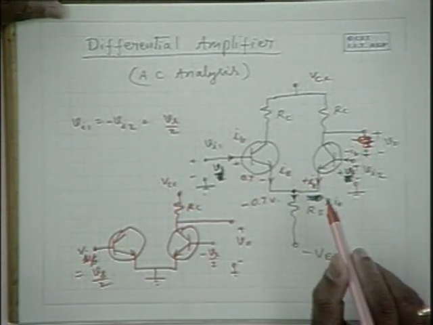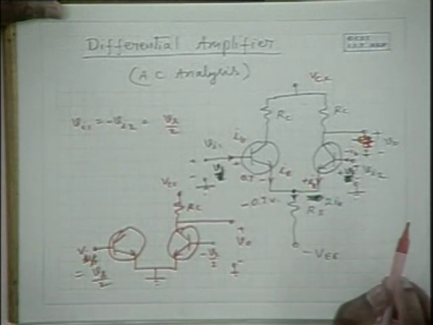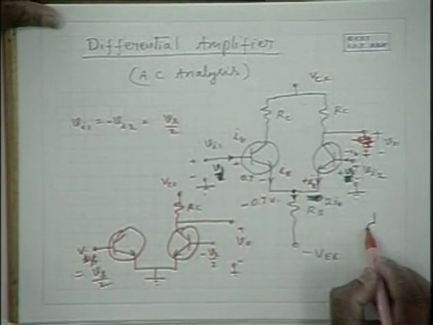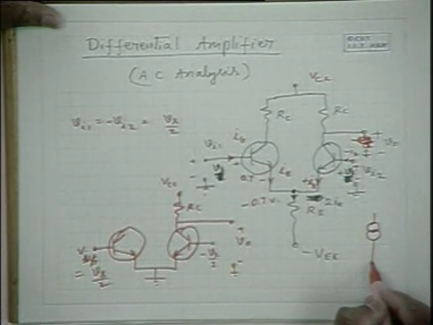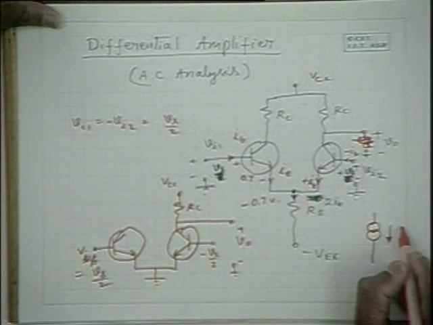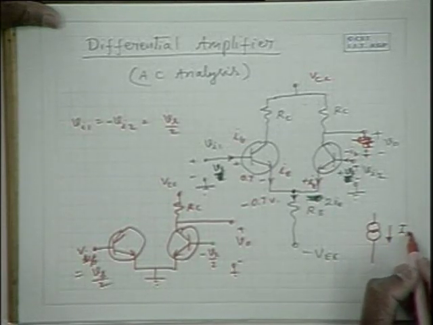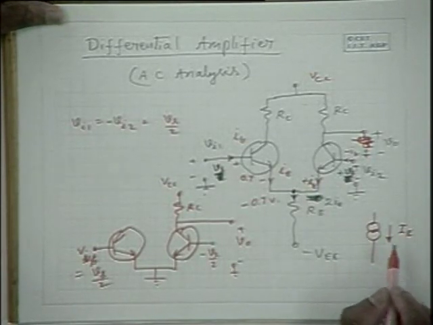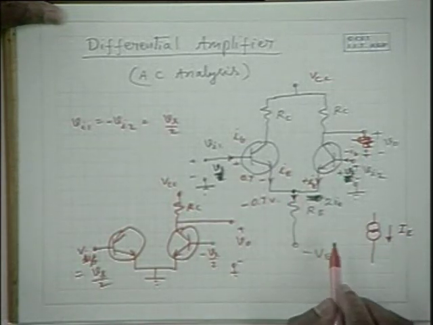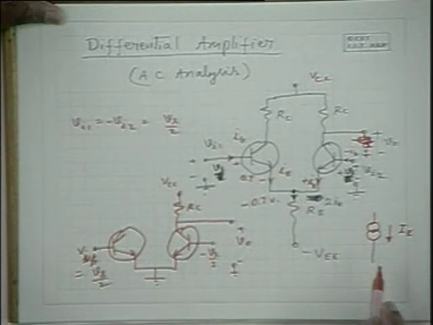But there is another way by which RE can be increased. If you replace RE by a constant current source, and its value is fixed at IE, then please note that the equivalent resistance RE can be infinity.